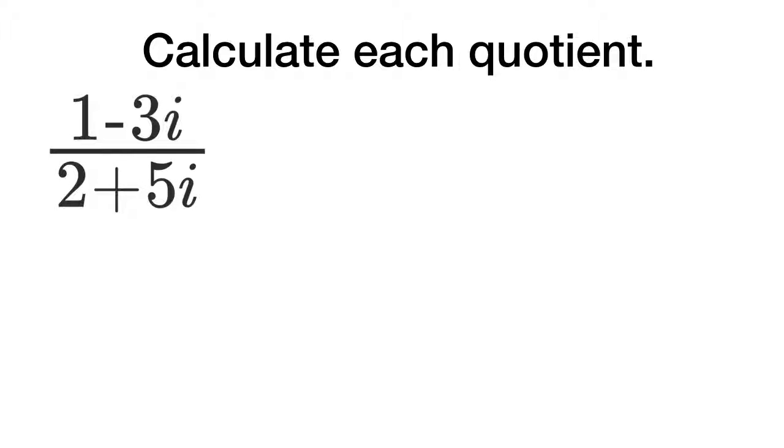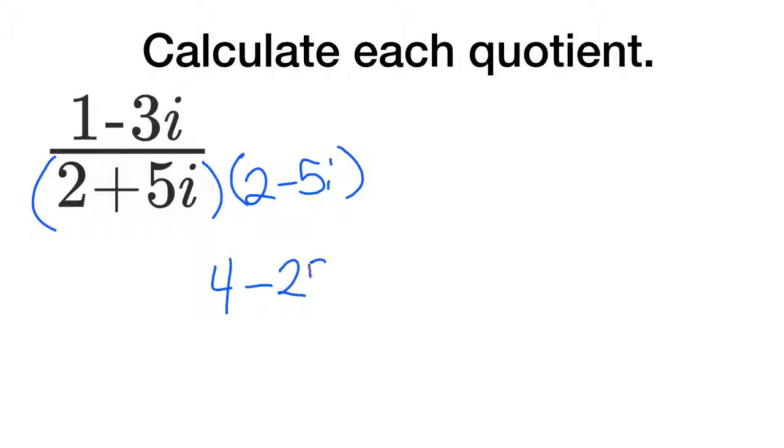Let's try this one. So remember, we're wanting to get rid of the i's in the denominator, so I'm going to multiply by the conjugate, which is 2 minus 5i. So 2 times 2 is 4. The 2i in the middle will end up canceling out, so it just becomes minus 25i squared, which just becomes plus 25. So our final is going to be 29 in the denominator.